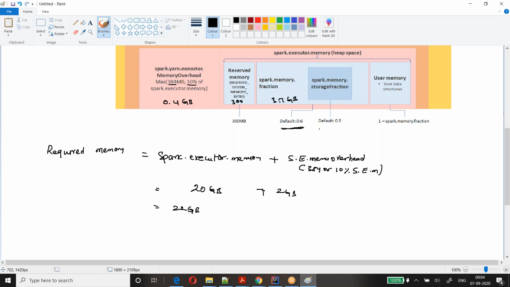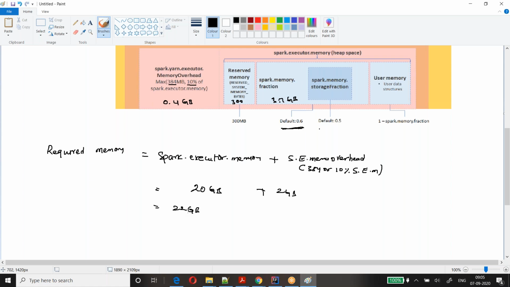Okay, go ahead, Varsha. Yeah, based on a Spark job, how can we decide, as an example, we have taken 4 GB of executor memory, how much executor memory is required? That's what we will calculate first.